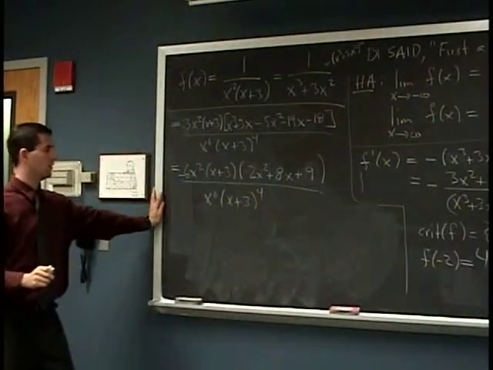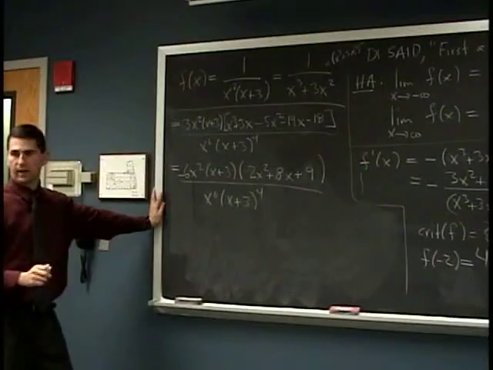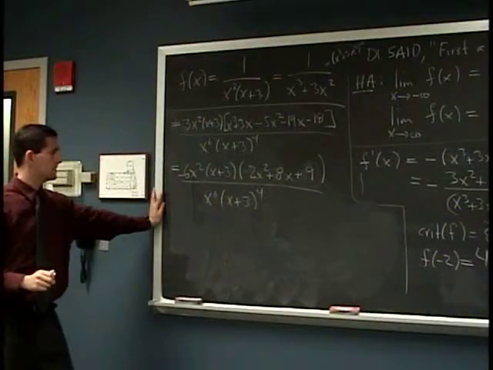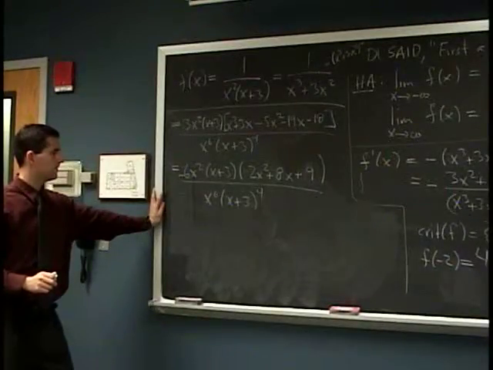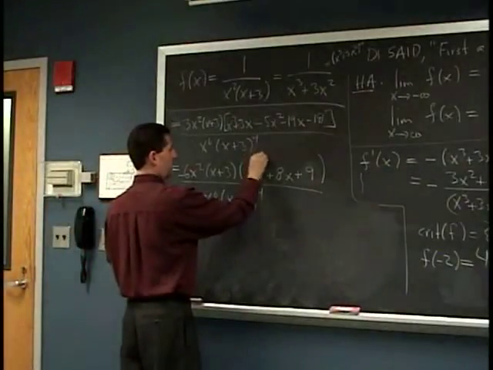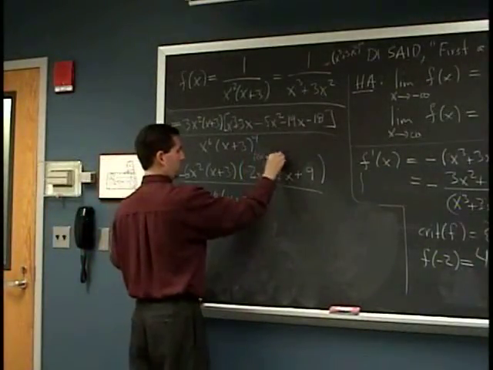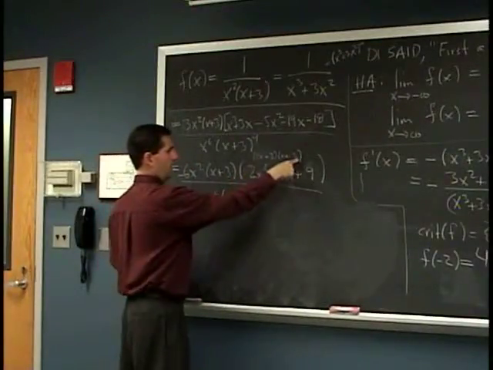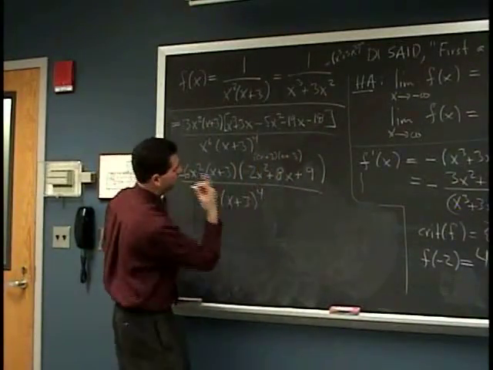Okay, it doesn't look like it factors nicely, does it? Oh no, actually it will factor. It'll go as 2x plus 3 times x plus 3, because you get 2x squared, 6x, oh, that's 3x.